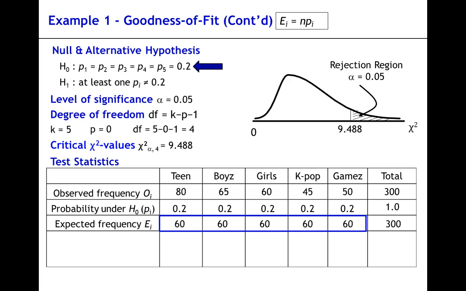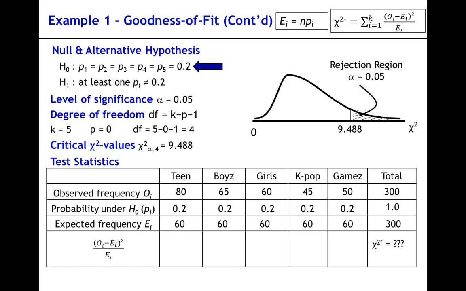Next, we find chi-square star. The formula for chi-square star is given by this formula, which is the summation of all the 5 categories. So let's find the squared difference between the observed and the expected frequencies divided by the expected frequency for each category.